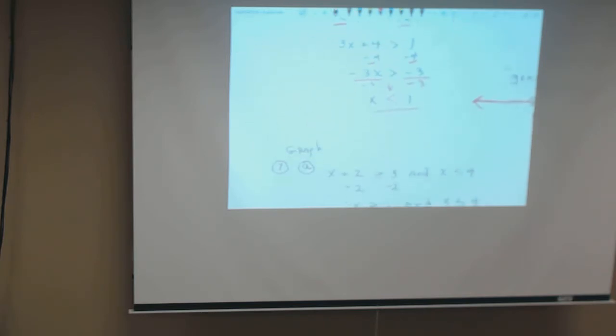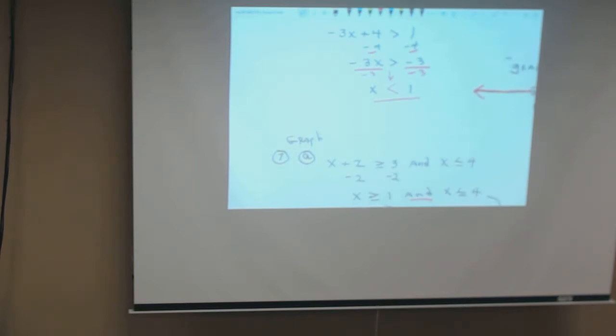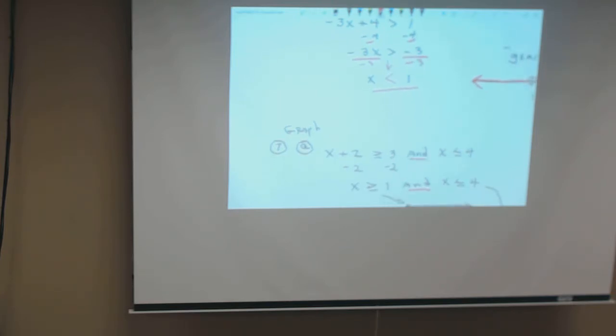So what about number 7? x plus 2 is greater than or equal to 3, and x is less than or equal to 4.